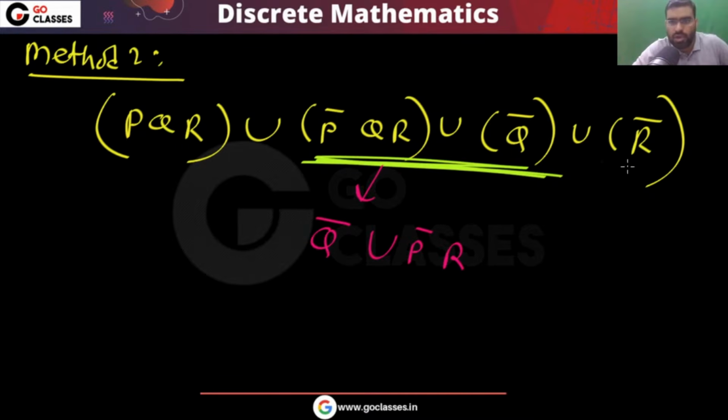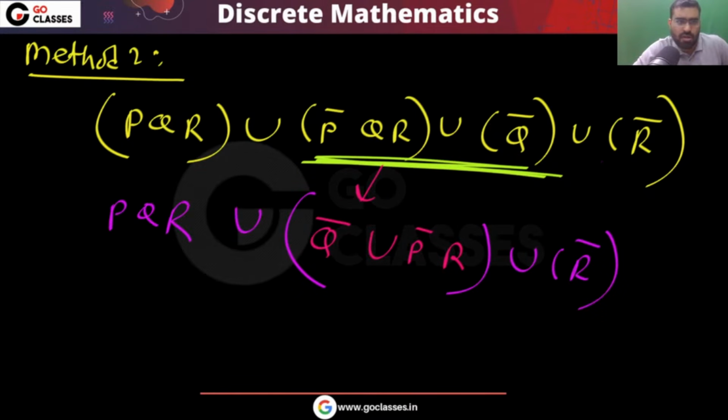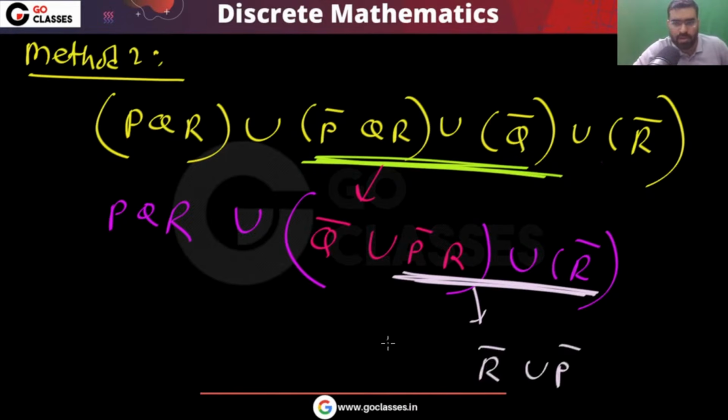Now as you have this union R complement and you have union PQR, from these two you can say that it will be R complement union P complement, so it will be Q complement union PQR.